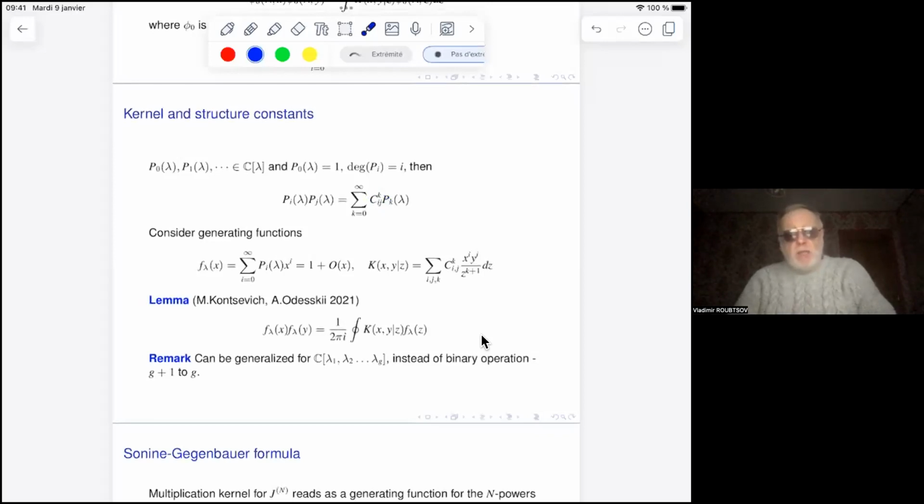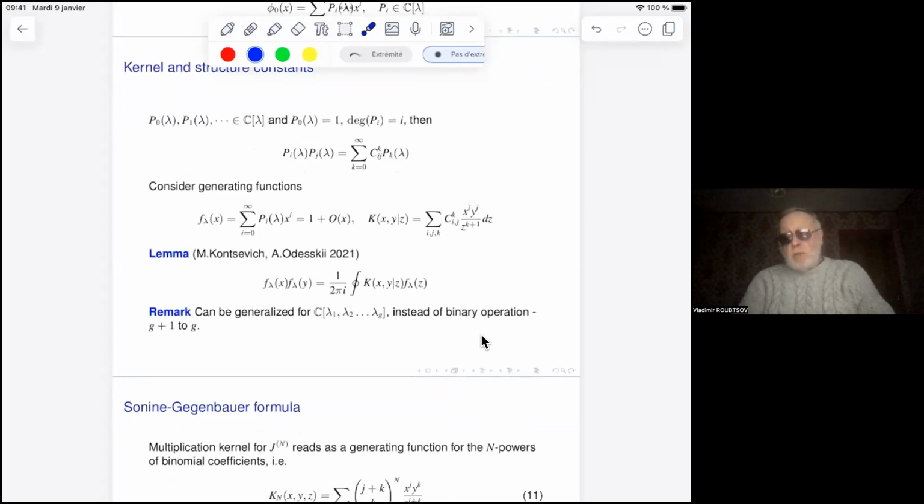And this structure constant can be defined as a kernel in the following representation. Take the kernel as the sum of these structure constants, x to the i, x to the j, divided by z to the k plus 1. So this kernel is a one differential form because we want to integrate it. And the integral is just a Cauchy integral, because we have this pole.